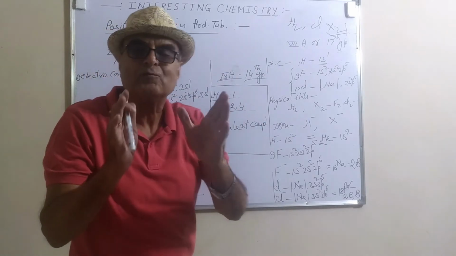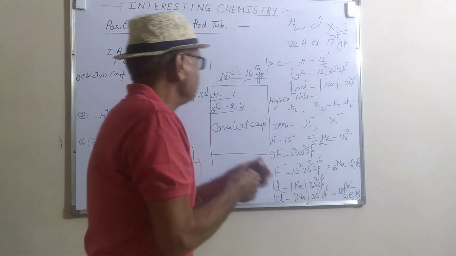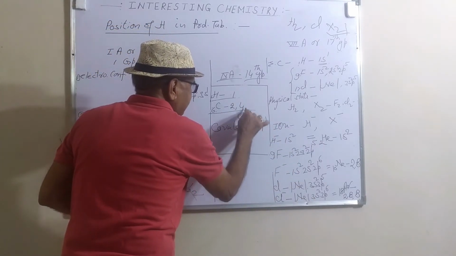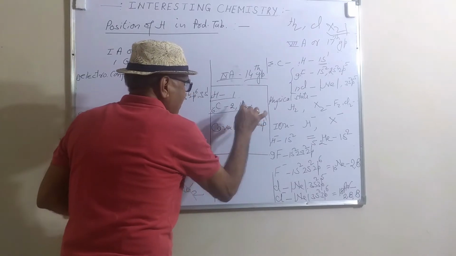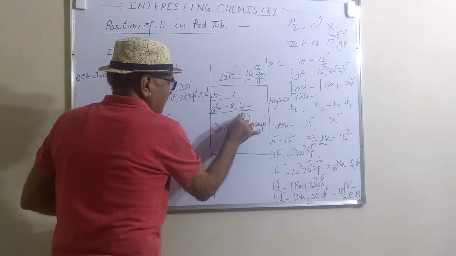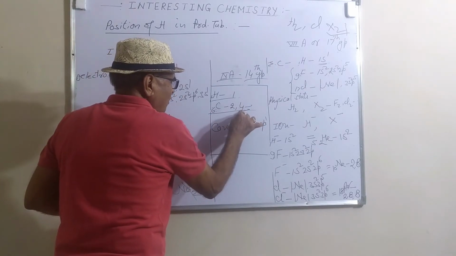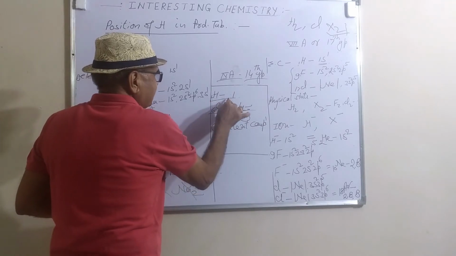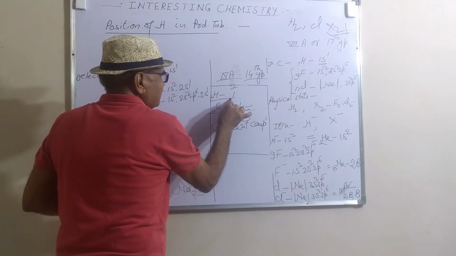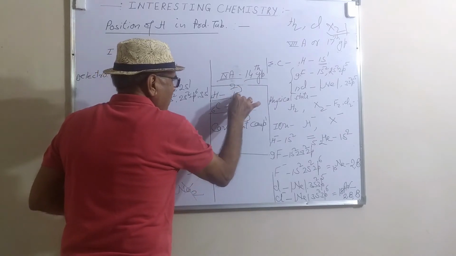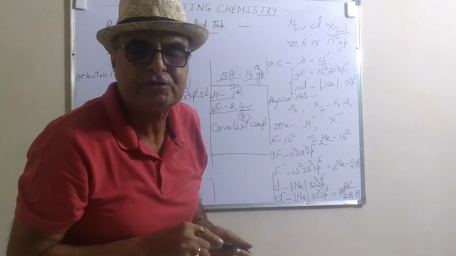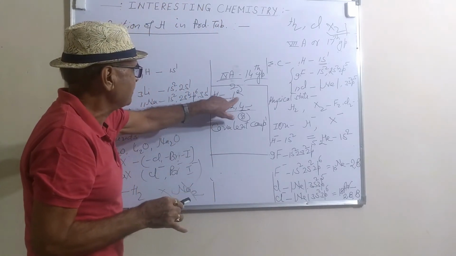That is just half, because the total capacity of the second shell is 8, and here the electrons are 4. The capacity of the first shell is 2, and hydrogen has only 1 electron, also half the total capacity of that shell.